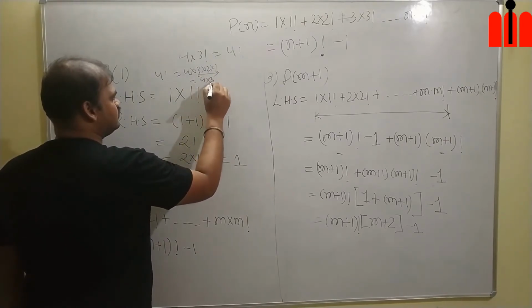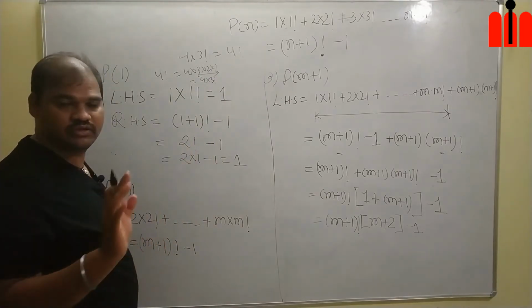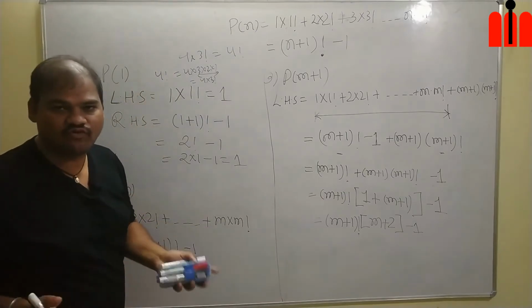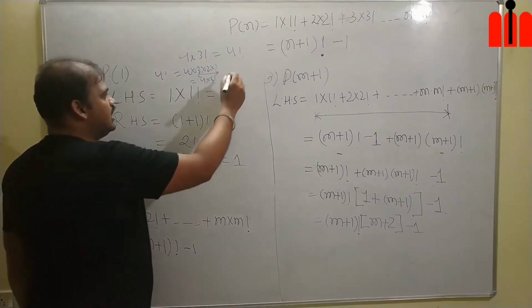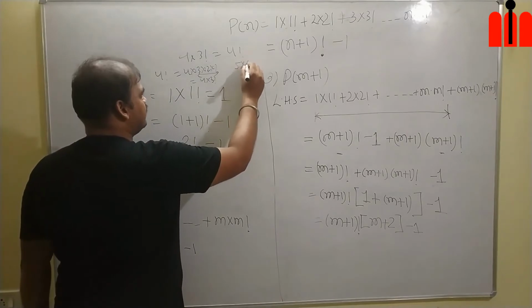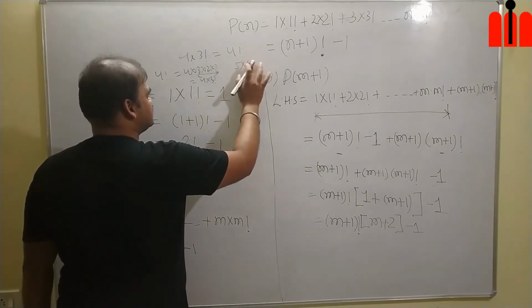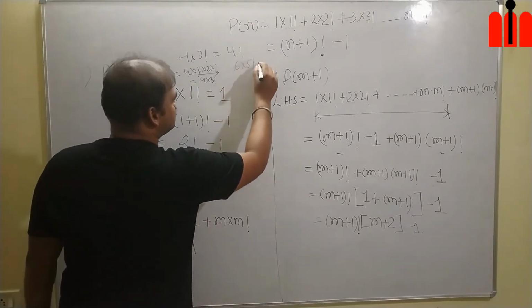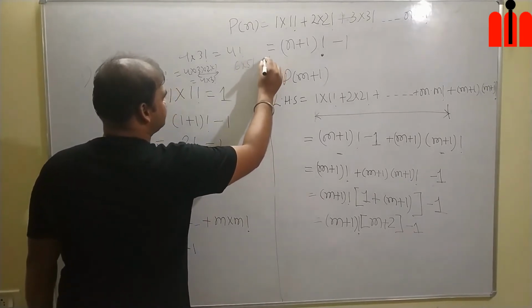So 4 into 3 factorial is nothing but 4 factorial. You understood this, right? Like that we can conclude for any term. 6 into 5 factorial will be 6 factorial.